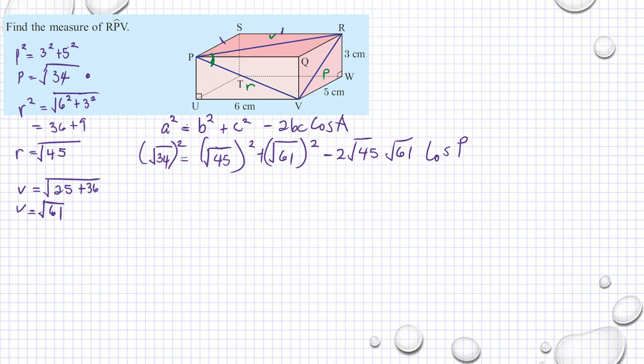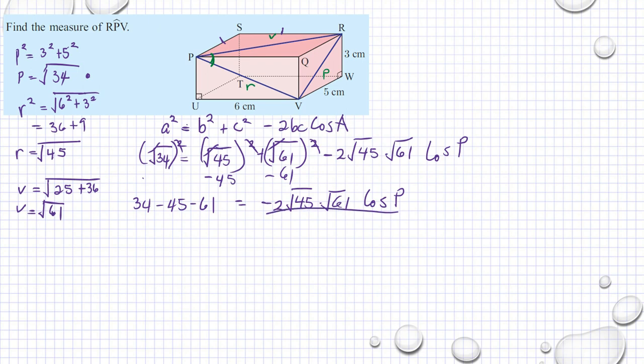And then we have, this is minus 45, minus 61, because they cancel. So we have 34 minus 45 minus 61 is equal to negative 2 times the square root of 45 times the square root of 61 cosine p.